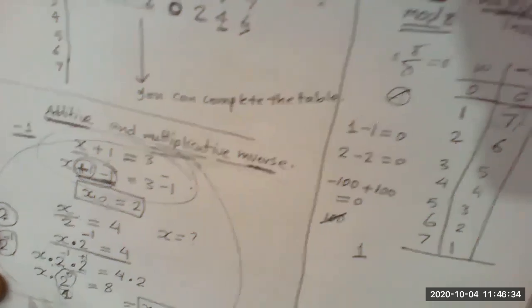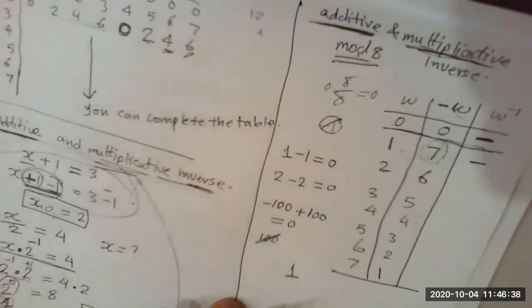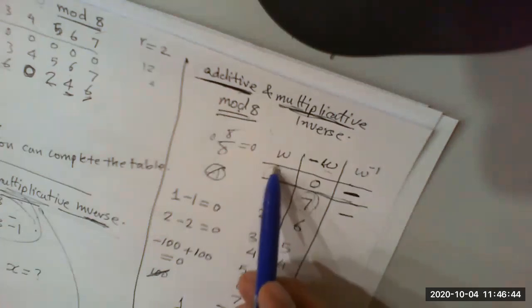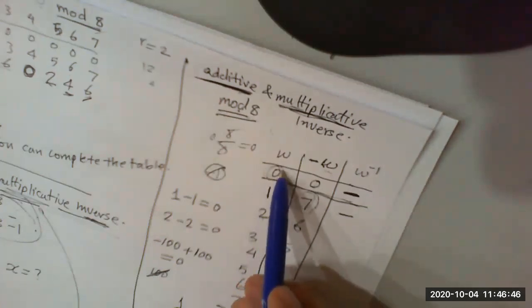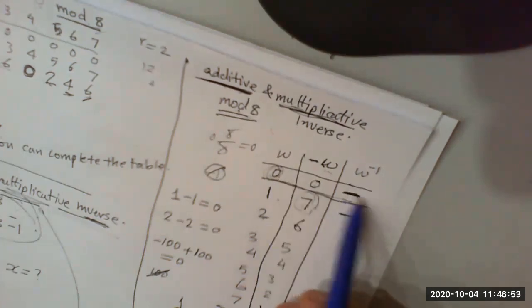The multiplicative inverse means the number that, when I multiply it by the current number, will give me 1. I can't have this property for 0 because if I multiply 0 by anything, it will give me 0. No result will lead to 1. So I don't have a multiplicative inverse for 0.